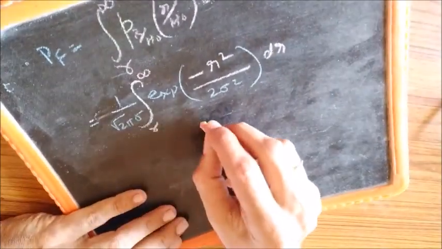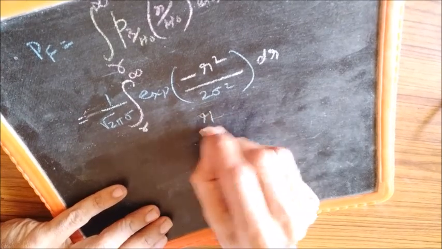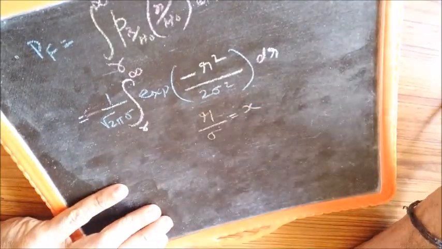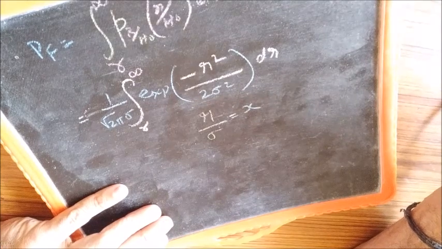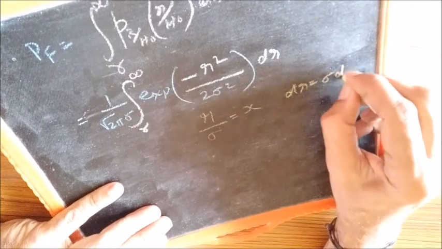And what we do is we substitute r by sigma as x. So r by sigma we write as x, and dr becomes sigma dx.